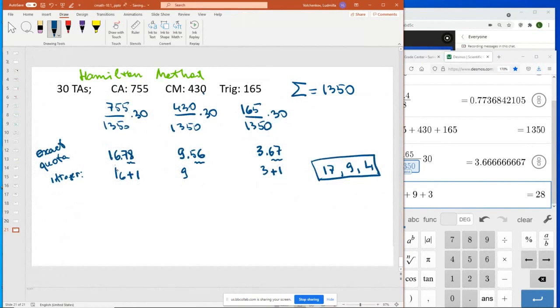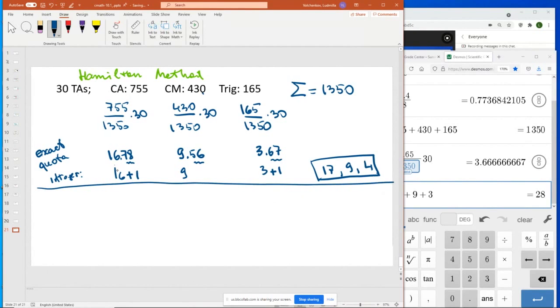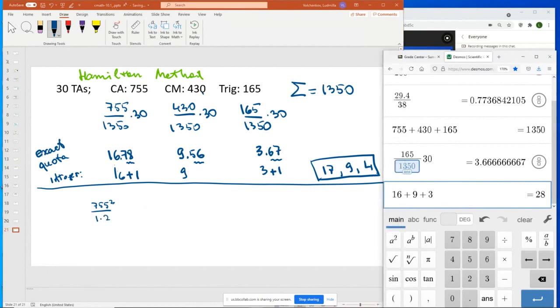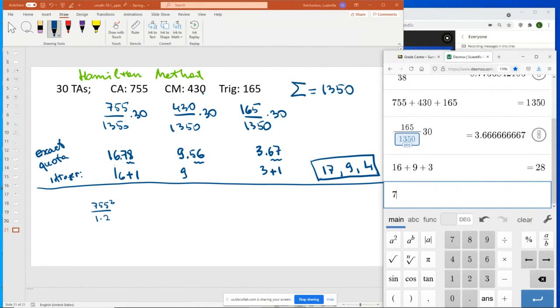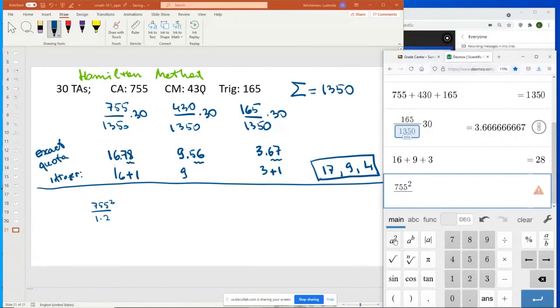Okay, Huntington-Hill method. We need Huntington-Hill numbers. So 755 squared. We start from the first line in the table. The current number of representatives is 1. The future number of representatives is 2. So 755 squared divided by 1 times 2.